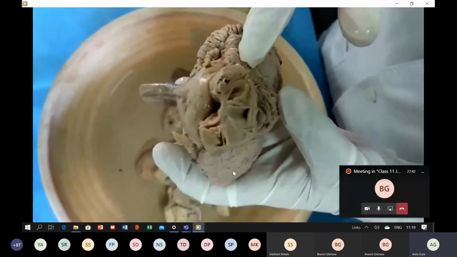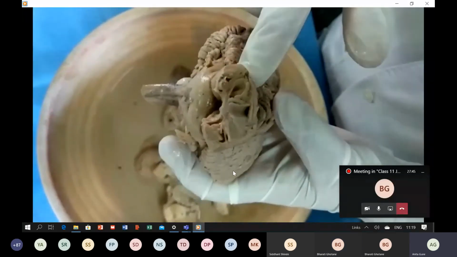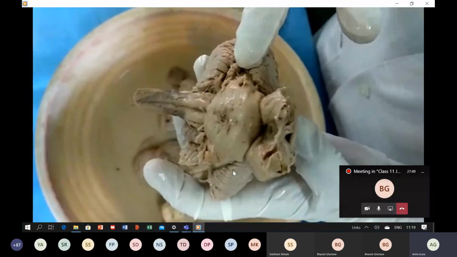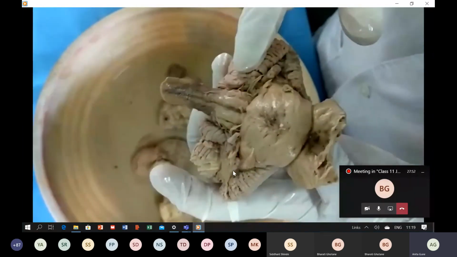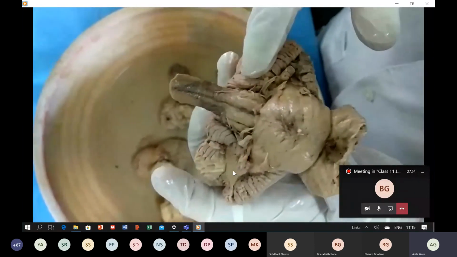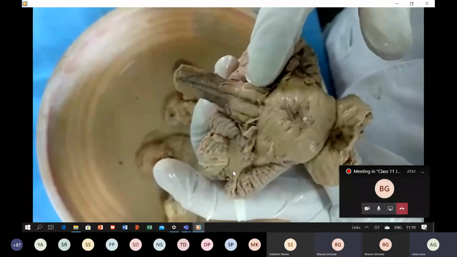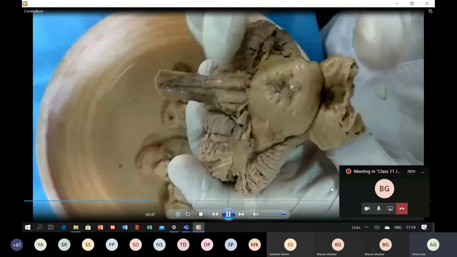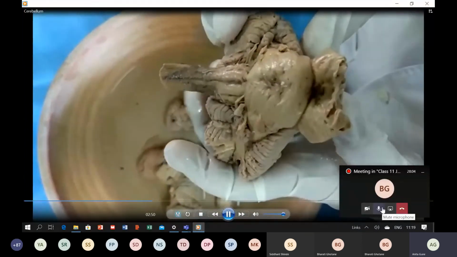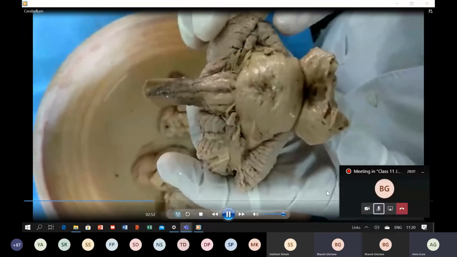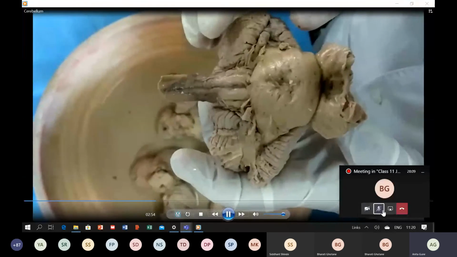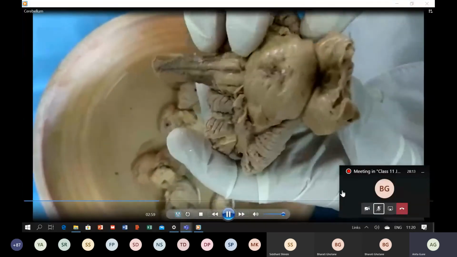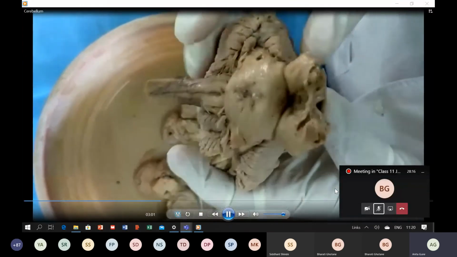The superior cerebellar peduncle attaches the cerebellum to the midbrain, the middle cerebellar peduncle attaches it to the pons, and the inferior cerebellar peduncle attaches it to the medulla oblongata. Through these cerebellar peduncles, lots of ascending and descending tracts pass.